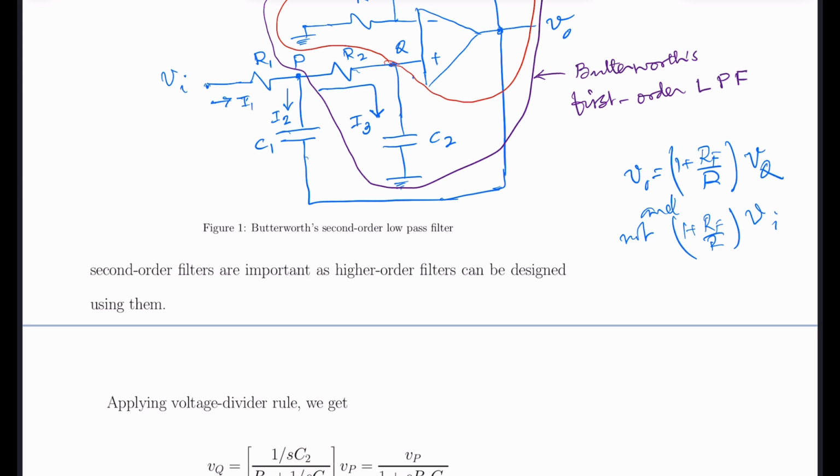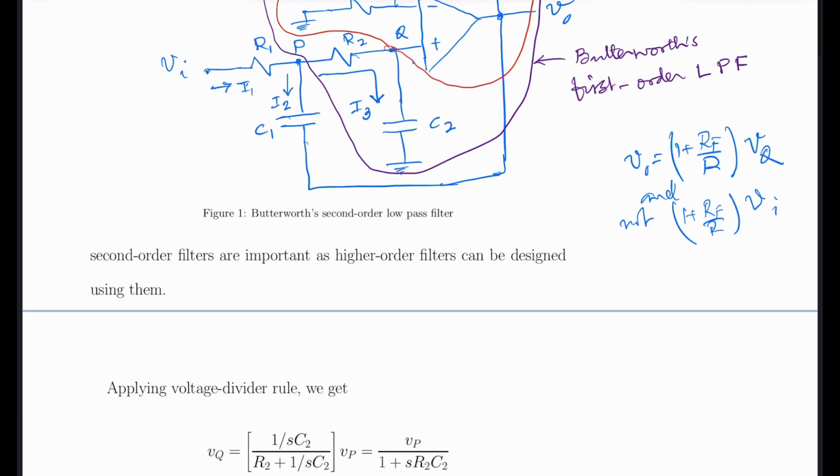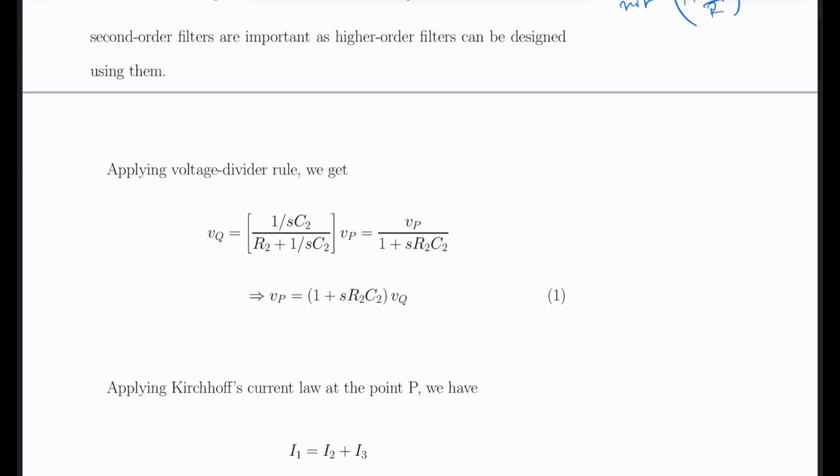So all the current that passes through R2 will pass through C2, so that we have I1 equal to I2 plus I3. Apply the voltage divider rule. You get the value of Vq as Vp upon 1 plus S R2 C2, or Vp equals 1 plus S R2 C2 into Vq.